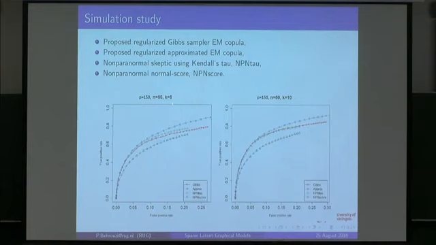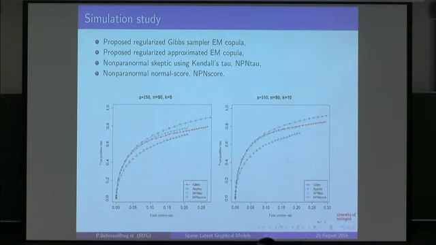The two other methods are based on Kendall's tau and the nonparanormal normal score. The area under the ROC curve shows us the performance of the method. Our method outperforms the other methods based on the ROC curve. And it is the same scenario when we take the number of levels higher; our method again performs better.